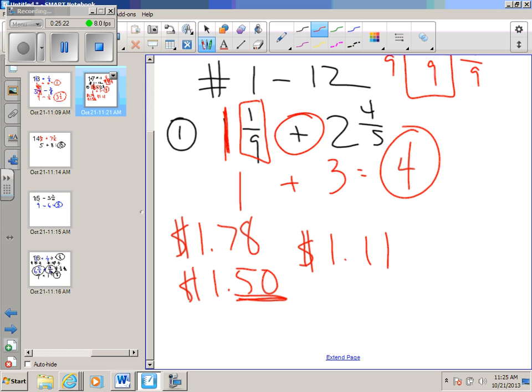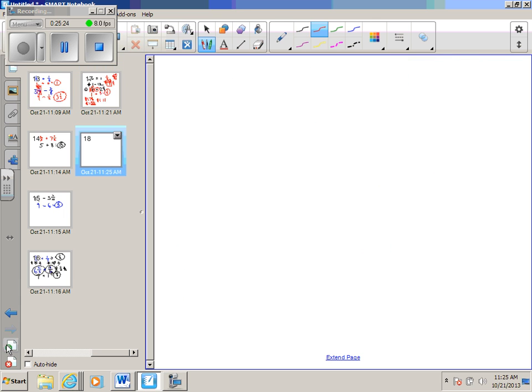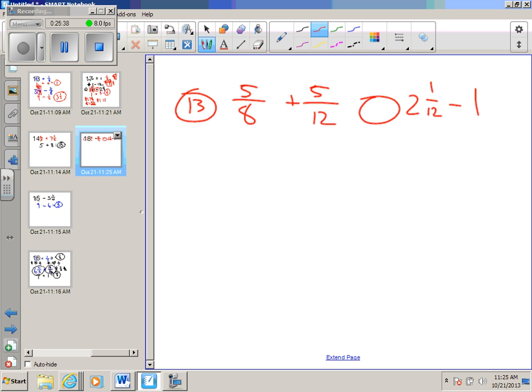13 through 20, let's take a look at real quick. Set these up as inequalities. So basically, you have 2 problems to do for each of these. 5/8, 5/12, these are both regular fractions, correct?